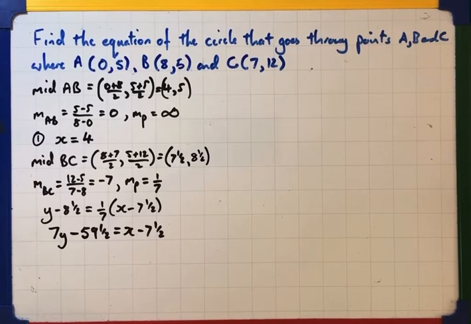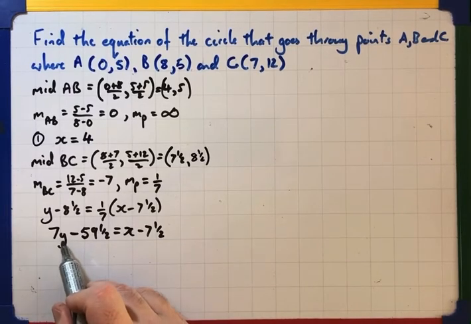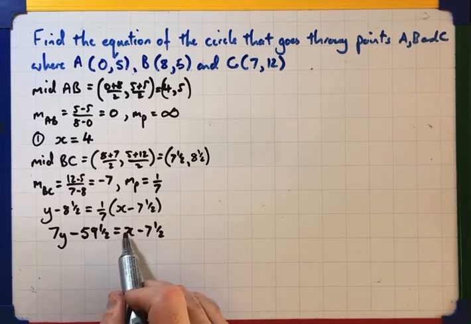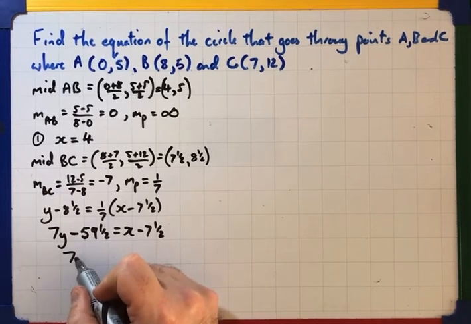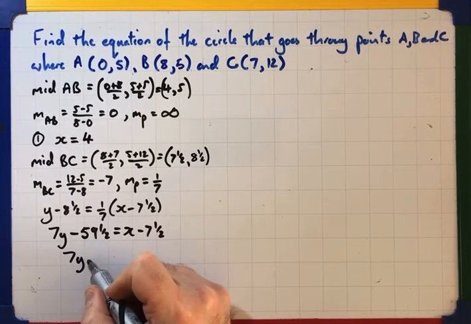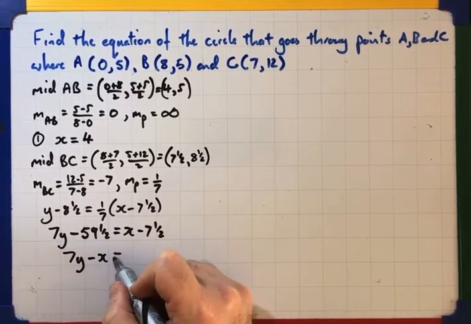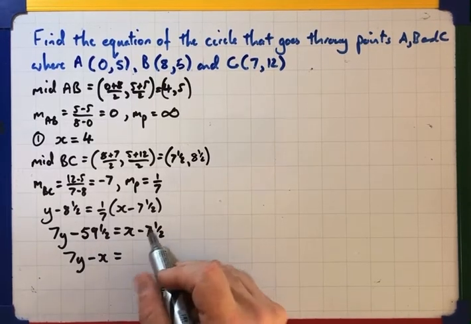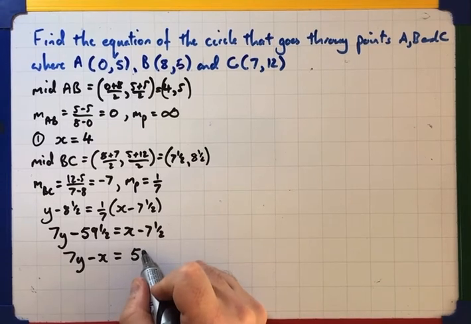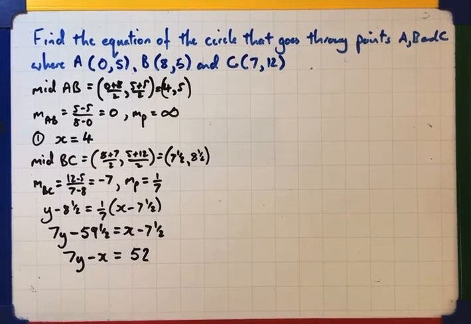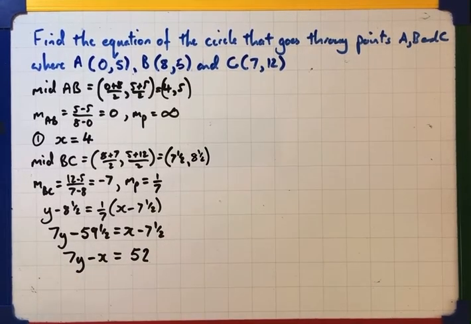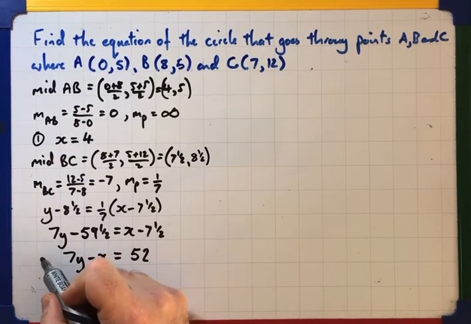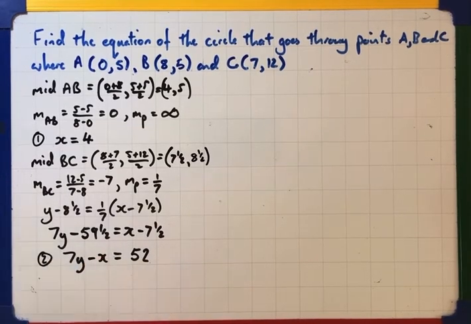Now if I take the x across to this side and the number the other way, we've got 7y minus x equals minus 7.5, well, the 59.5 becomes plus on this side, so it's going to give you 52, isn't it? Because minus 7.5 plus 59.5 is 52. That's our second equation. Let's call that equation 2.